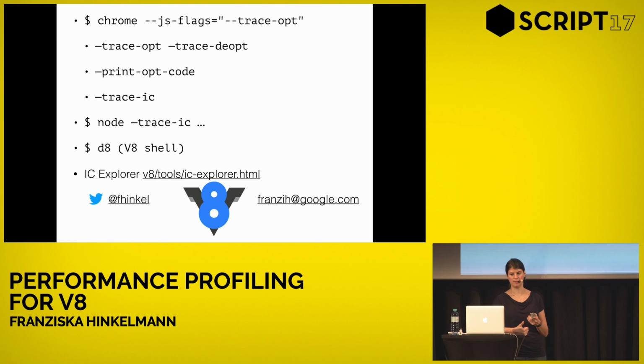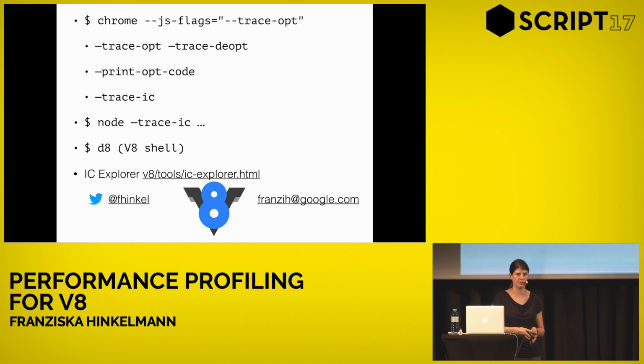There is trace-opt and trace-deopt, that just tell you which of my functions are even being optimized and when they are de-optimized. It usually also gives you a reason. You can use trace-ic to see, well, is my app having problems with lots of polymorphic caches? What's happening here?